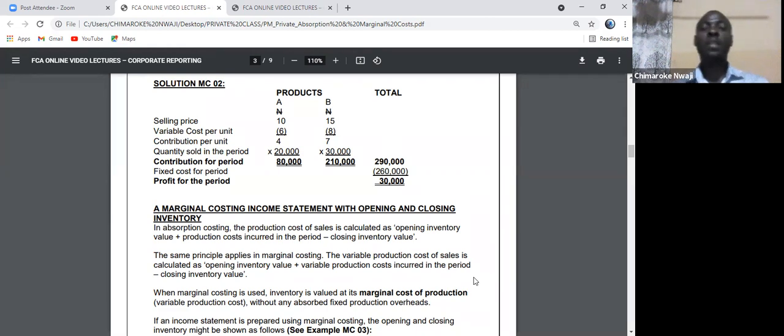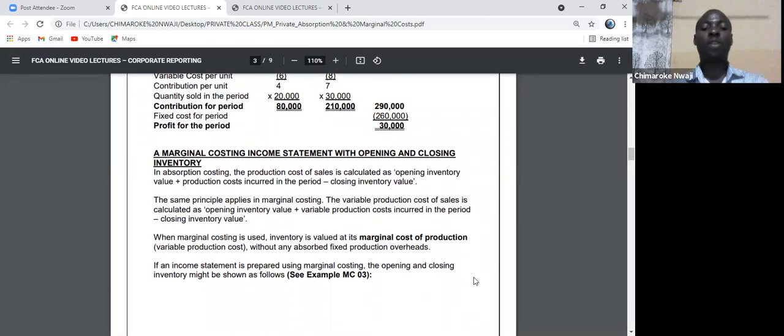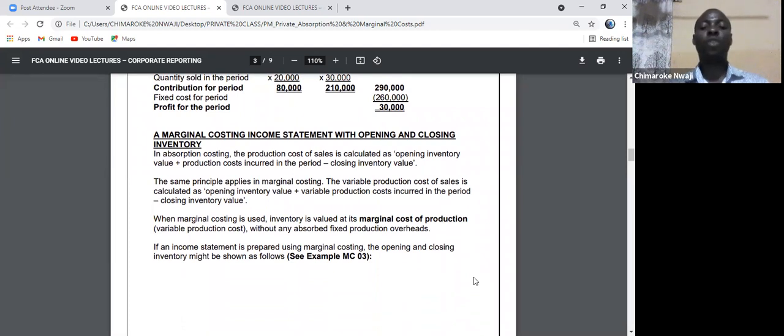So when we do it in absorption costing, we usually use the total costs to value the opening stock and the closing stock. But when we are valuing it in marginal costing, we use the marginal cost of production, not total cost of production, without absorbing the fixed production overhead.